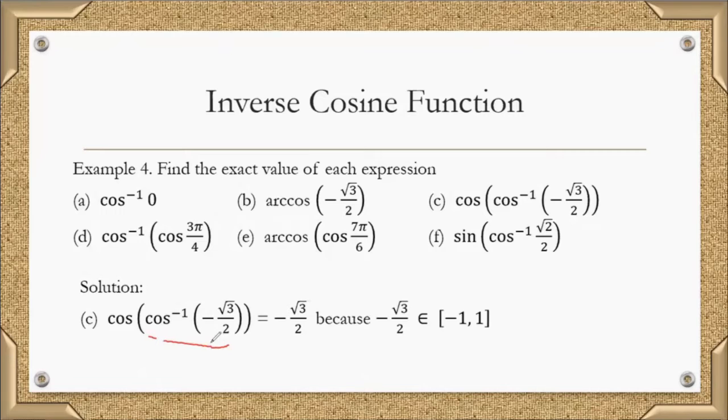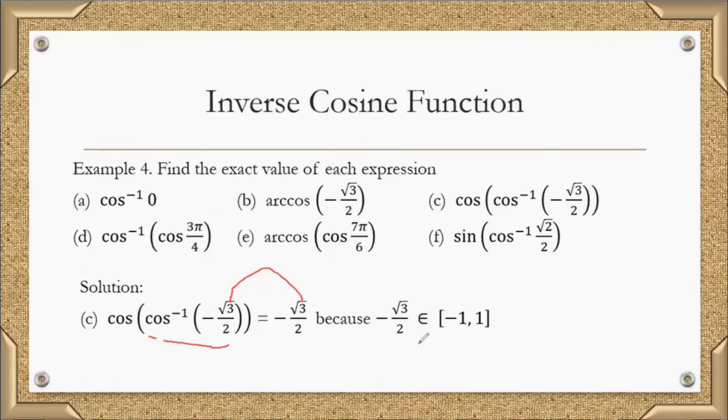Shift cosine negative 0.866. Meron tayong 150, at pag kinuha mo na ng cosine value ng 150 sa degree, meron kang negative square root of 3 over 2. Babalik lang din siya.